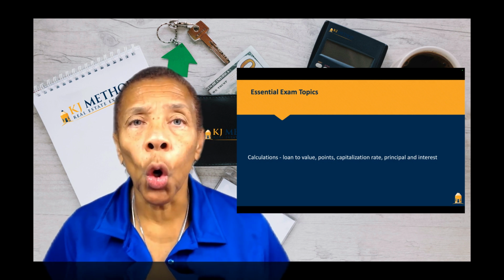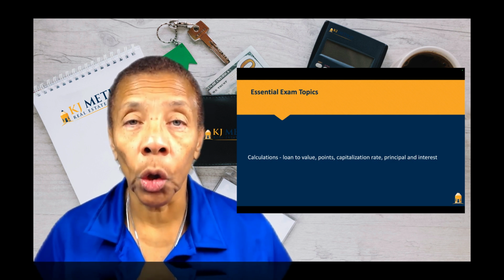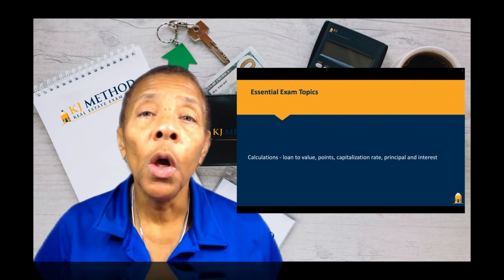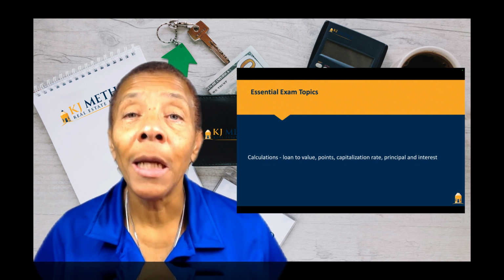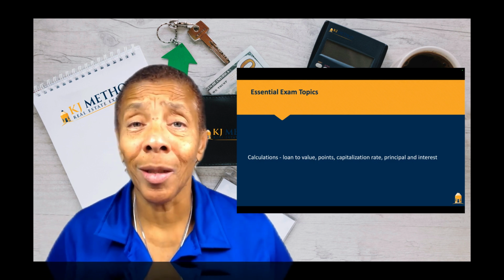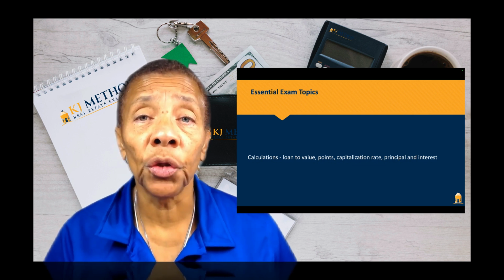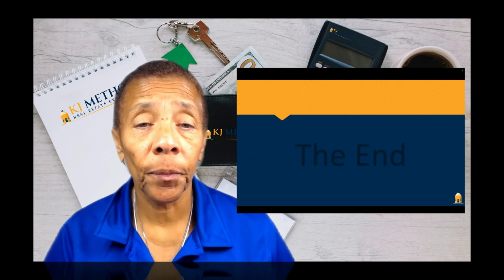Also focus on how to figure out a loan, how to calculate a loan amount, how to calculate interest. That goes to principal and interest, but you can do interest separately. How do you calculate that? Capitalization rate, very important. And points, they seem to be testing a lot on points lately. So make sure that you understand what a point is and how you calculate it.